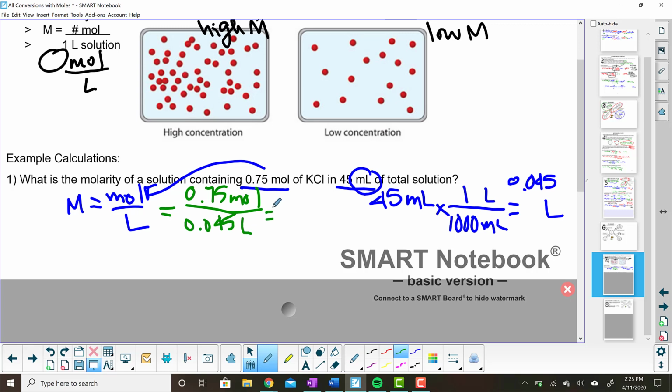I can plug that into my calculator, and you get 16.67 molar. That's how we say that, 16.67 molar. If we want to use sig figs, then the answer would be 17 molar. And that's how we use the formula for molarity. That's how we calculate it.